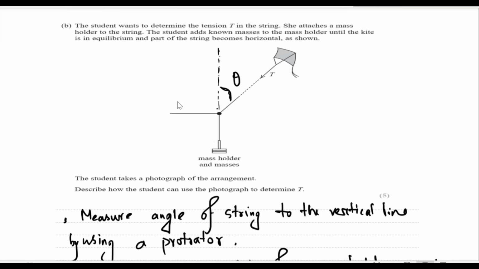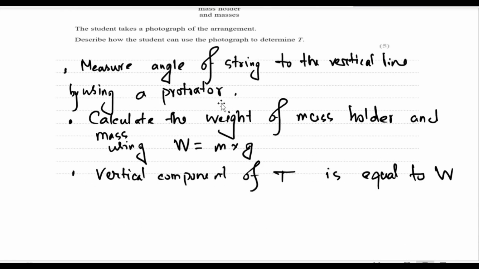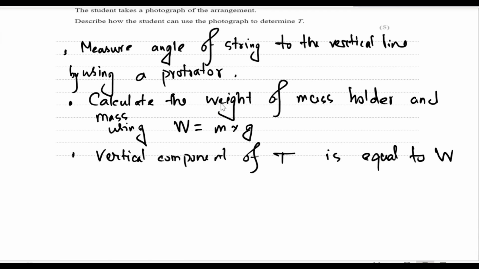So this T force produces angle theta, so the vertical component is T cos theta, and weight W. So T cos theta equals W. Then we can calculate T, W divided by cos theta, easily.